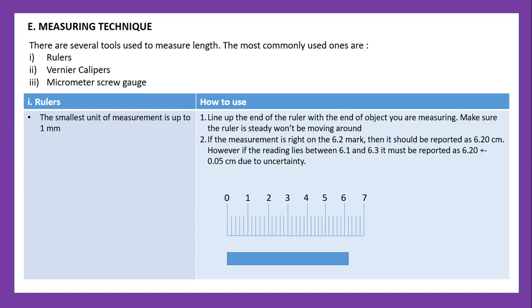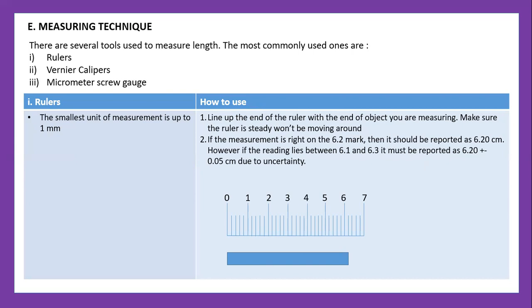Let's look into the measuring techniques. There are several tools used to measure length, and the most commonly used ones are the ruler, vernier calipers, and micrometer screw gauge. The ruler's smallest unit of measurement is 1 millimeter. How to use it? You have to line up the end of the ruler with the end of the object you are measuring, and make sure the ruler is steady and won't be moving around.